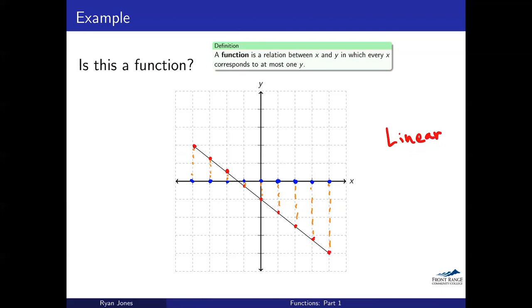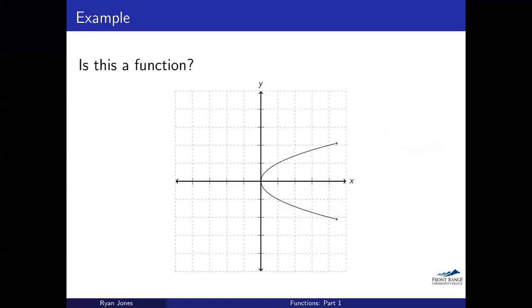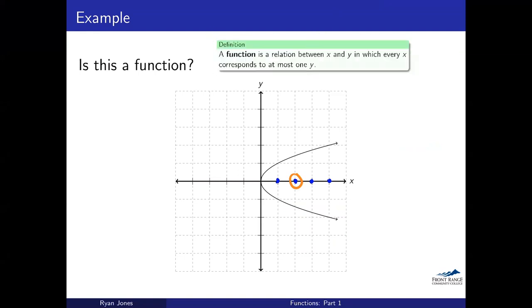Let's jump on to another example that actually doesn't work. Here I'll use the same thing. Let's pick some x values. I'm just going to pick these four right here. Let's look at this second x value first. Does that x correspond to more than one y? In this case, it does. You can see that there are 2 red dots that it corresponds with.